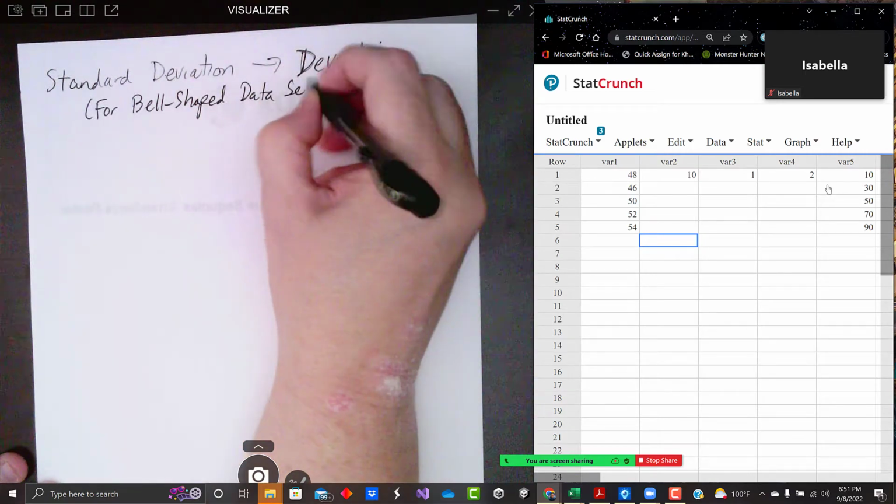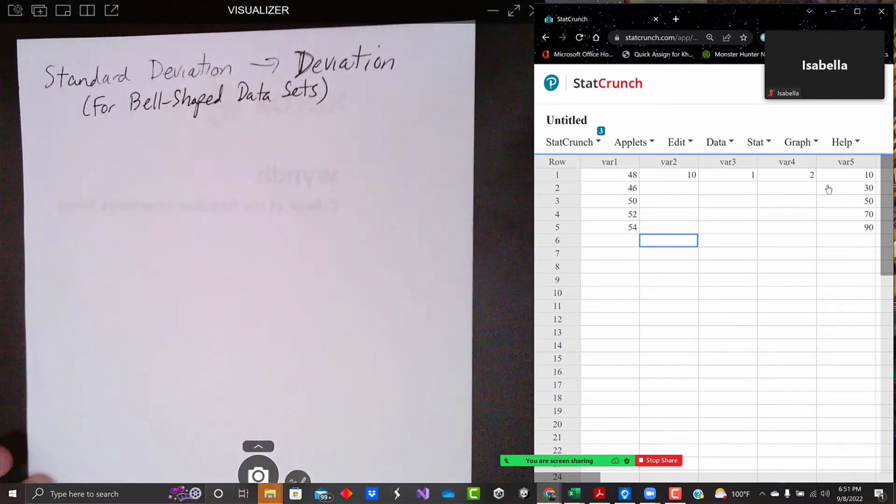And this is going to be our most common go-to for most of the semester, to be honest. We're going to use mean and standard deviation more than you can possibly imagine, especially after the midterm. We'll use it some before the midterm, but we're going to use it a lot after the midterm.